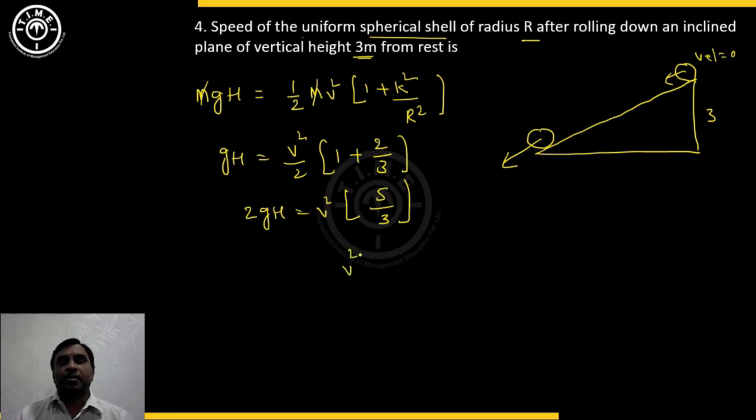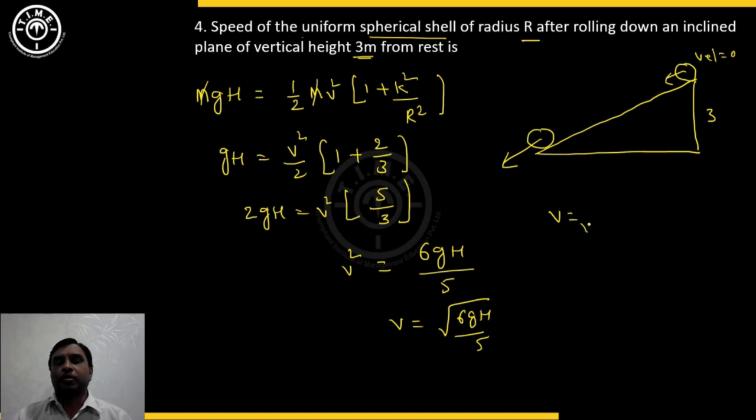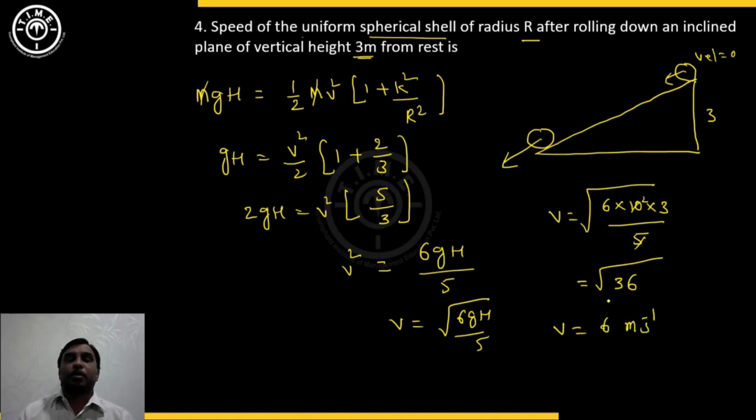So finally v square is equal to 6gh by 5, so v is equal to root of 6gh by 5. Now if we substitute the values, g is 10, h is given as 3 meter, and divided by 5. So 6 times 10 times 3 by 5 gives 36. So the velocity is 6 meter per second on reaching the bottom of the inclined plane.